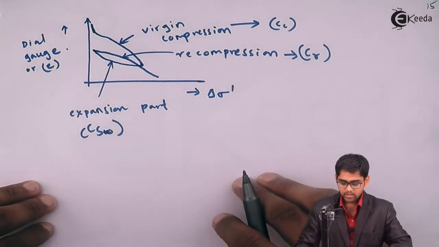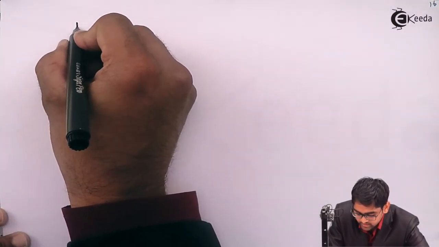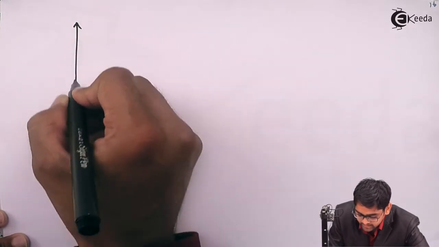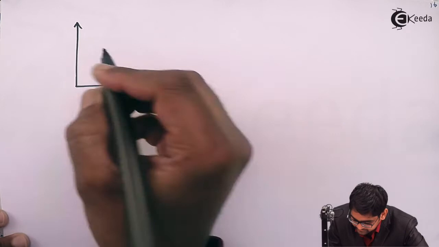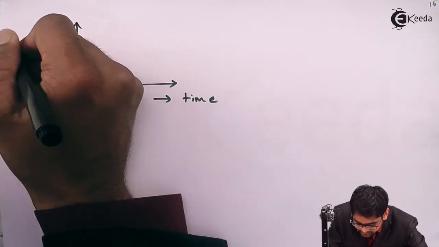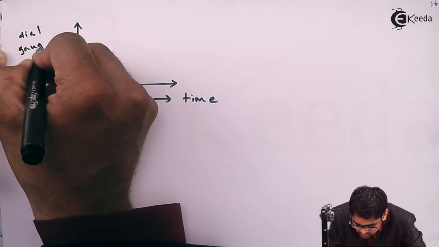But apart from this particular curve, as I have discussed in the earlier classes, you will be getting the curves representative of the dial gauge reading versus the time. I'll take it as the dial gauge reading.